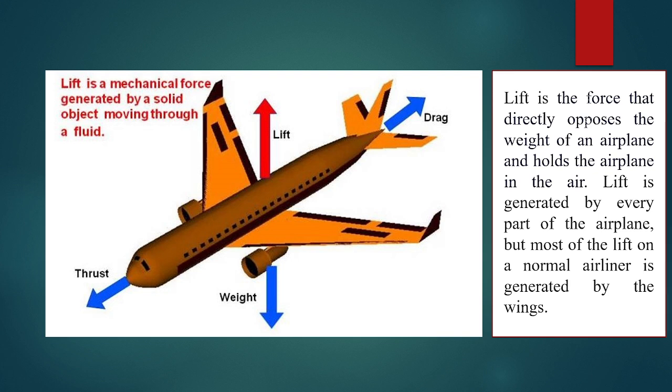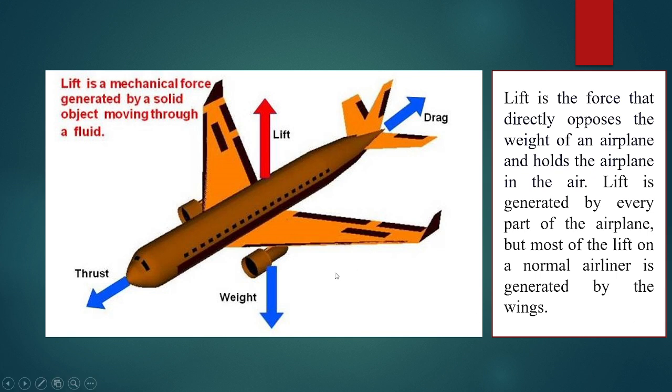When you look at this diagram, there are two forces acting on the aeroplane: lift and drag. Lift is the mechanical force which is generated by a solid object moving through a fluid. You can see on the right part of the slide, it is a force that directly opposes the weight of the aeroplane.